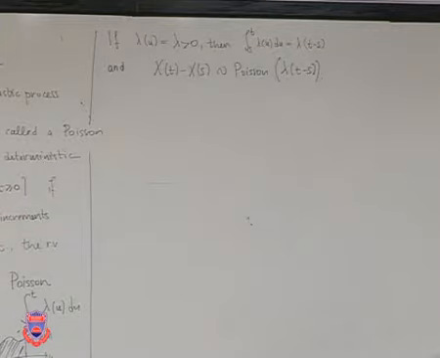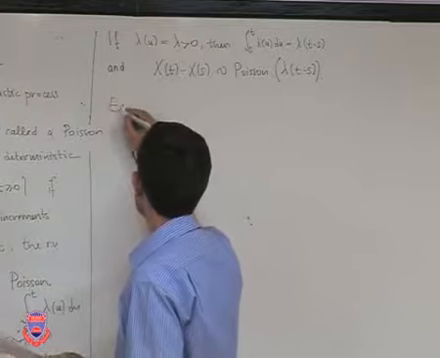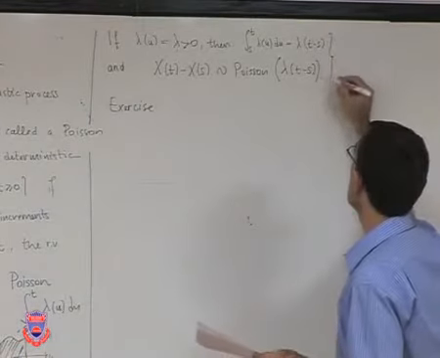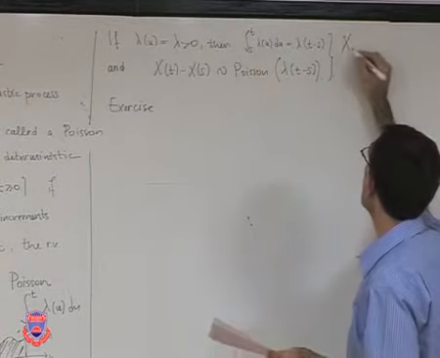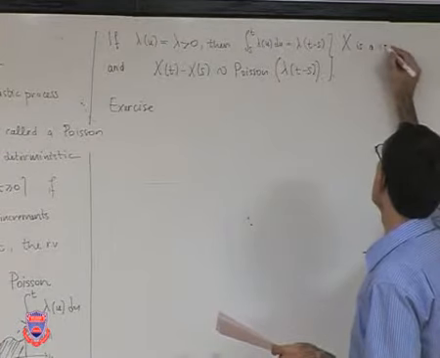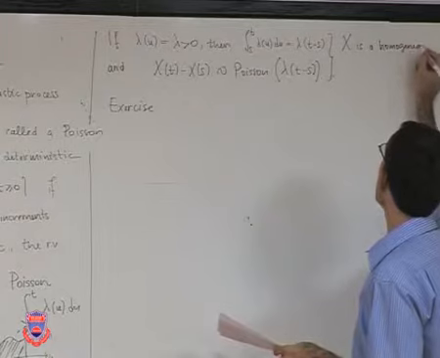Okay, let's look at the following exercise. In this case, the special name for the same process X is a homogeneous Poisson process.